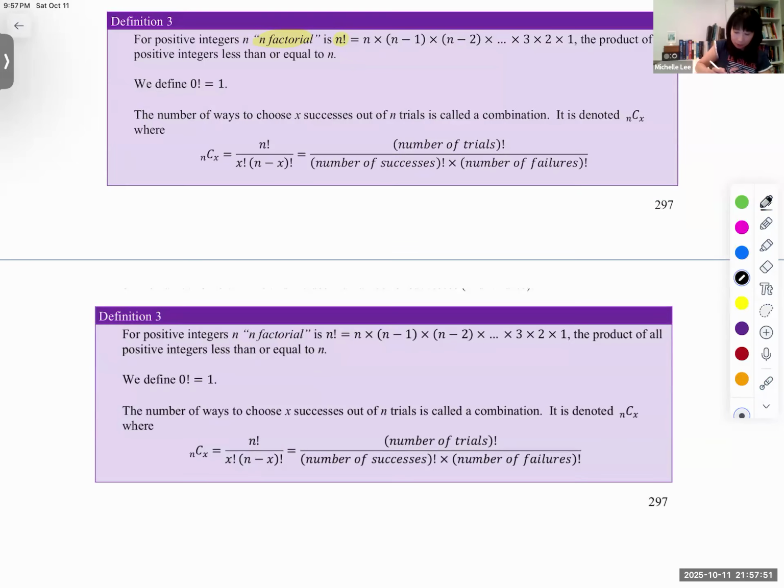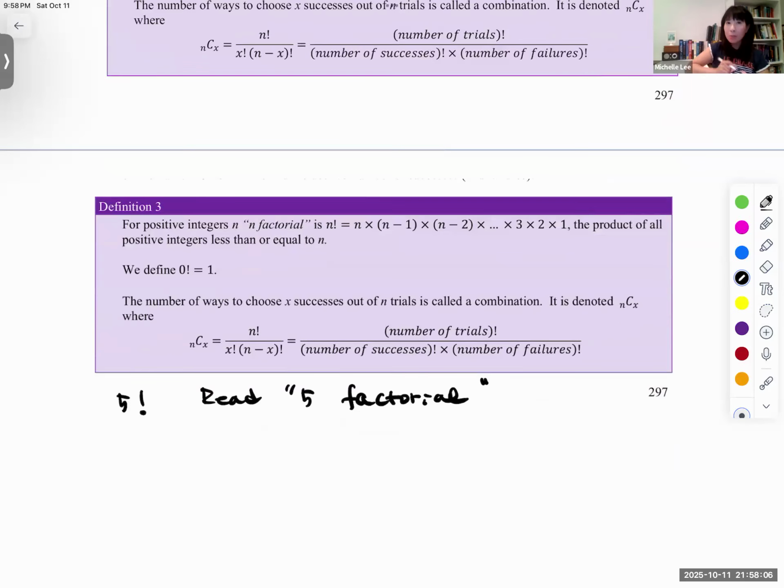So let's talk about 5 factorial then, right? So read 5 factorial. Okay, so we start the number first and then we make a product, right? So 5 times 4 times 3 times 2 times 1, right?